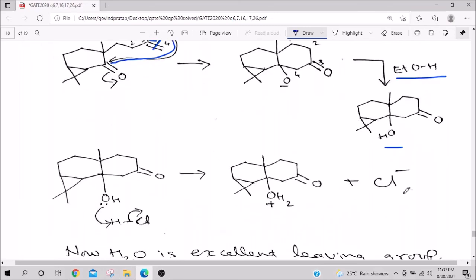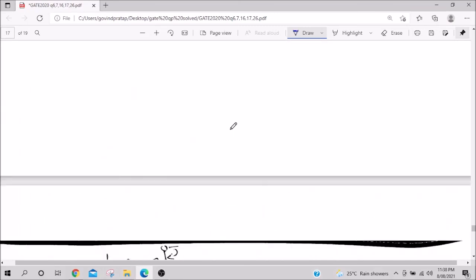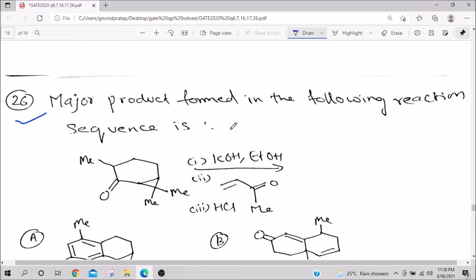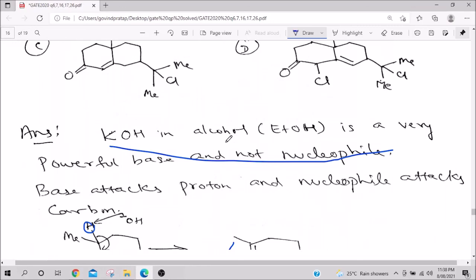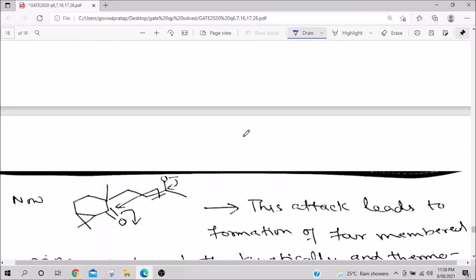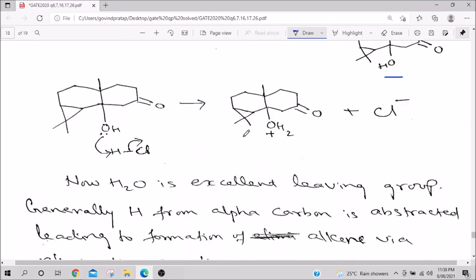Now what happens? In the last step, if you look in the question, what it says is you are also reacting with HCl. So now HCl is there. So this OH takes away a proton from HCl and becomes OH2 plus. Now I have told you previously, water is an excellent leaving group.